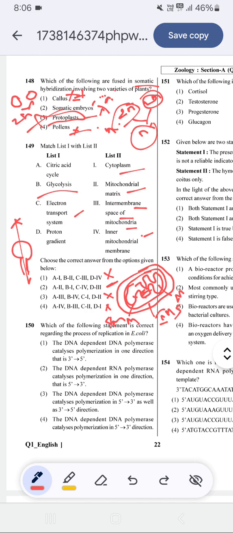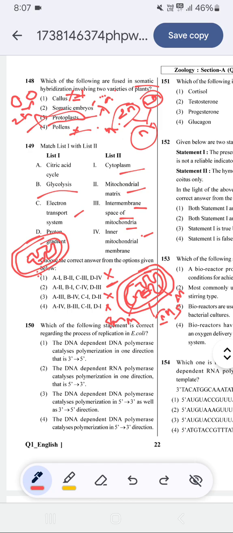So in mitochondria, see, I'll show this here. This is the mitochondria, double layered. Electron transport chain occurs here, and electron transport chain occurs here.